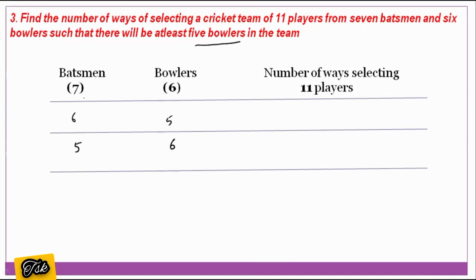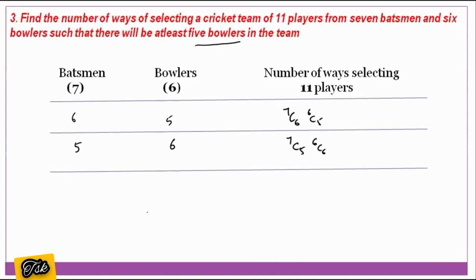The number of ways of selecting 11 players, taking this row, is 7C6 into 6C5. Next one, 5 batsmen and 6 bowlers, can be done in 7C5 into 6C6.